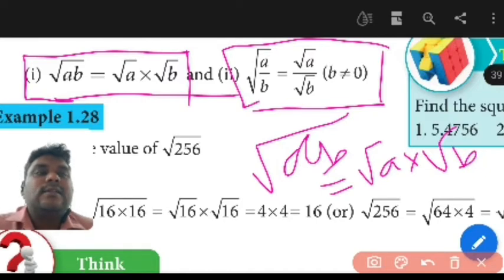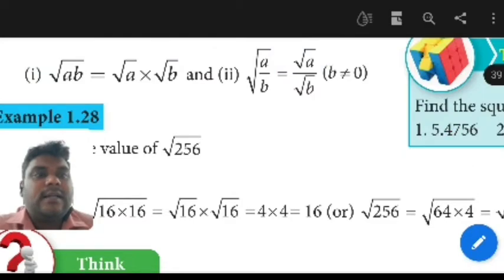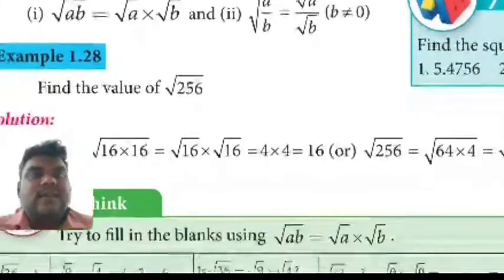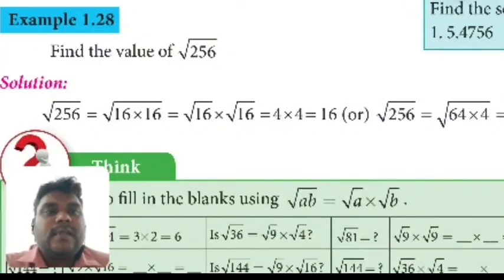Root of a by b is also written as root a by root b. Okay, these are the important results. Based on these results we are going to see one sum. Let's see example 1.28.